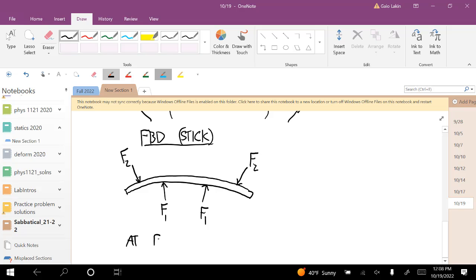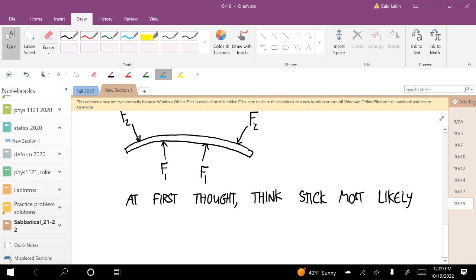So in your first thought, you'd think that this stick is most likely to break at one of those external loads.